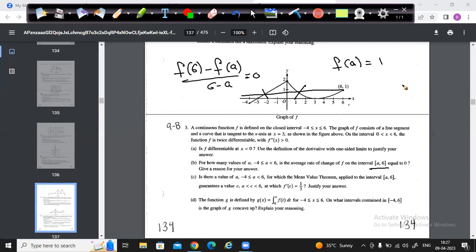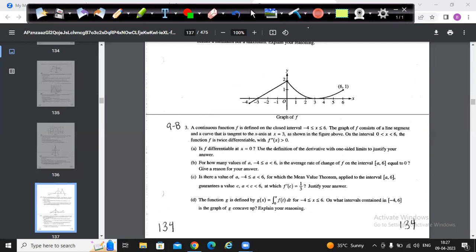Is there a value a, minus 4 less than or equal to a less than or equal to 6, for which the mean value theorem applied on the interval a to 6 guarantees a value c, for a less than c less than 6, for which f dash c is equal to 1 by 3?